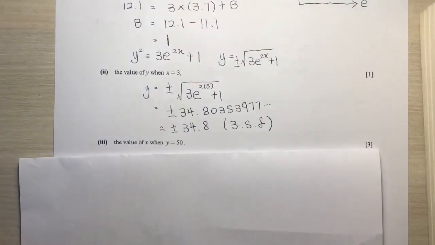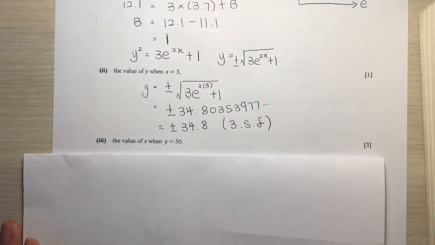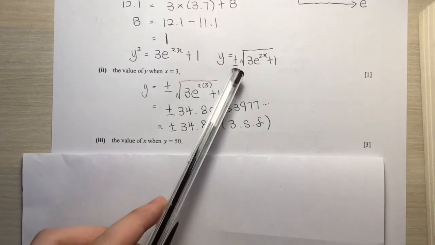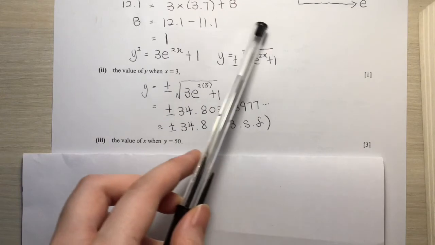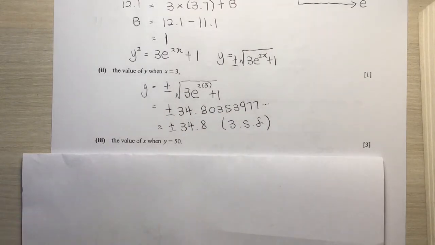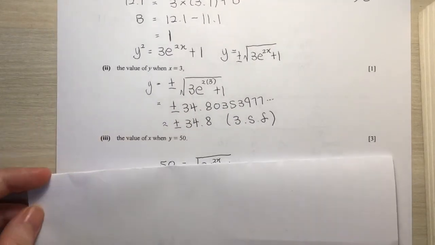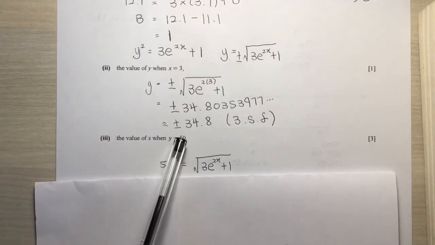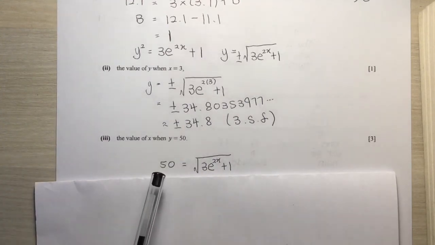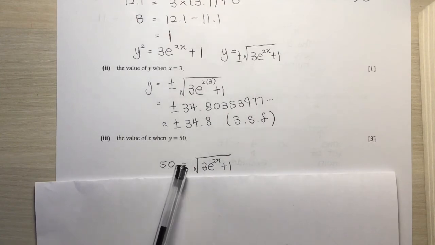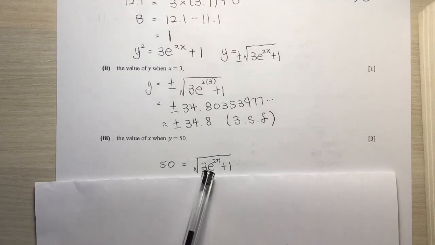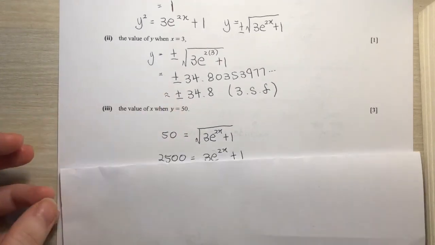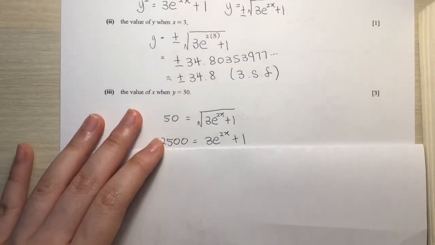The last part of the question, we need to find the value of x when y equals 50. Again, we need to make use of the equation, this expression we found in part 1. Simply sub in the numerical figure 50 for y. So it becomes 50 equals the square root of 3 multiplied by e to the power of 2x, plus 1. Then you carry on your normal calculation.